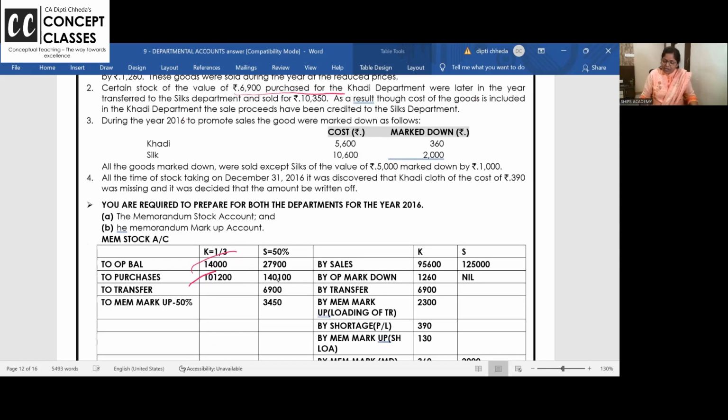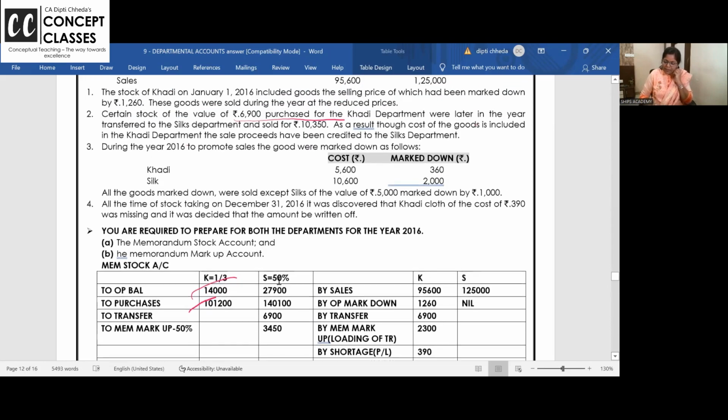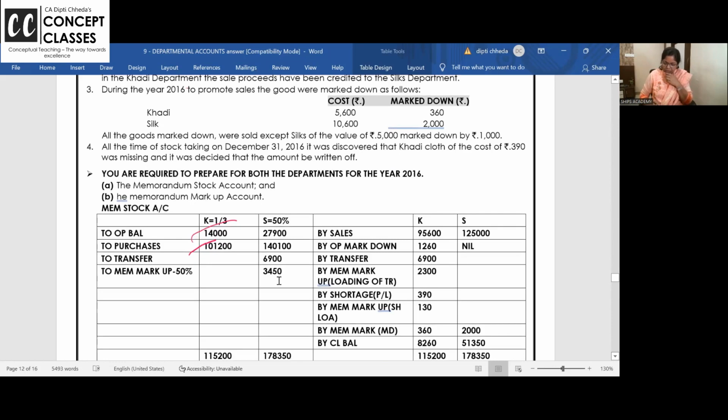As result, cost of goods is included in khadi. खरीदा खादी ने, सेल किया सिल्क ने, तो खादी has to transfer to silk, no? Khadi purchased, but khadi didn't sell, so khadi has to transfer to silk. Clear to all of you? Right. So now khadi department were later transferred to silk department. Okay, right. So khadi has transferred how much?